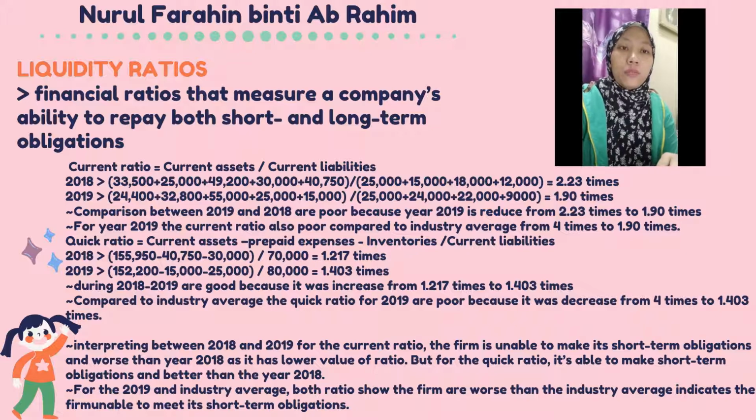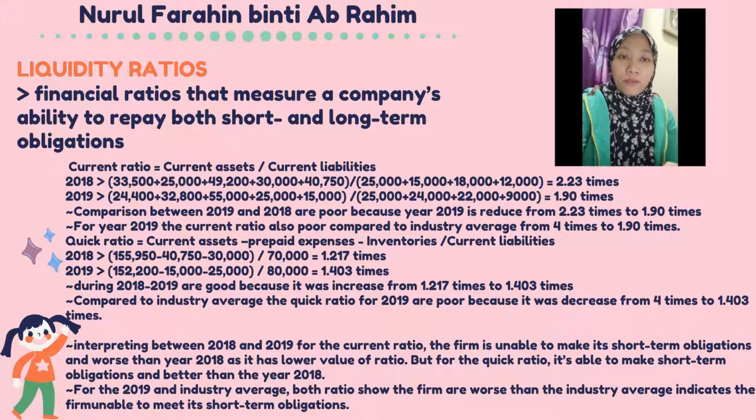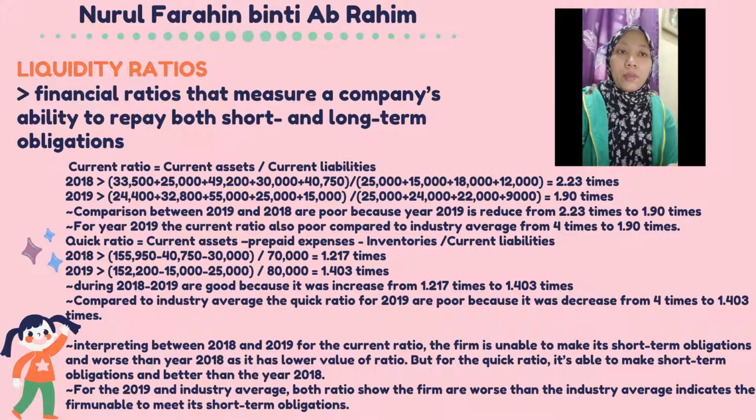For 2019, the total current assets are the same as 2018, but the total is different, and divided by current liabilities we get 1.90 times.